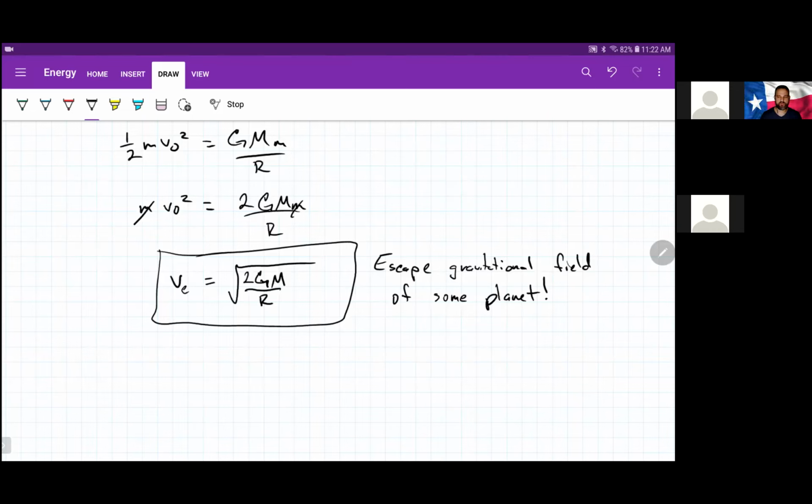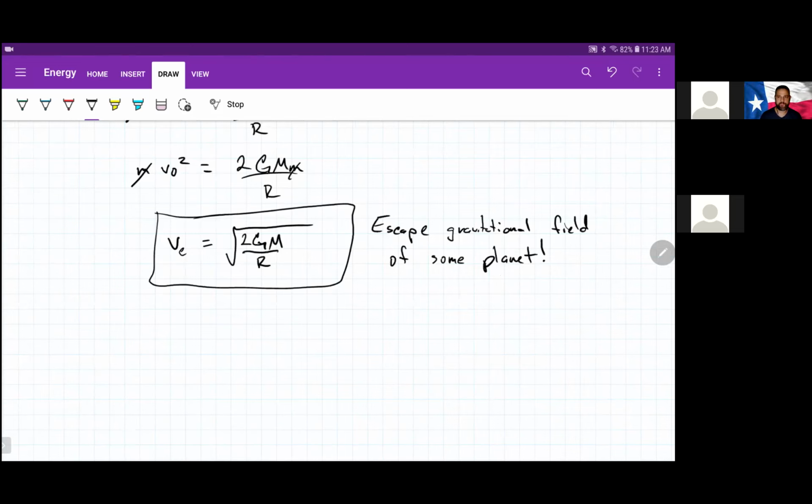So just be aware. You need to be familiar with this equation for that, in case you get that question. It's not a guarantee you'll get that question, but it's one of those conceptual things I don't want to get into because you guys need to be able to think that question through.